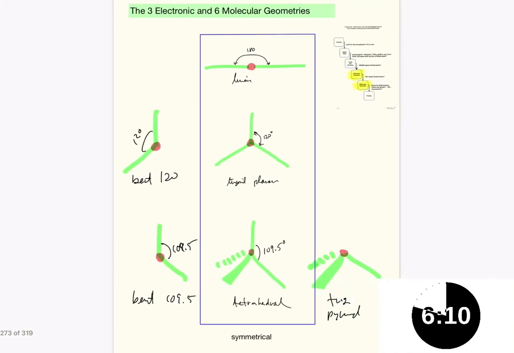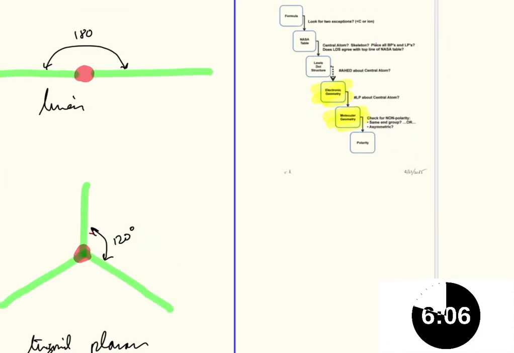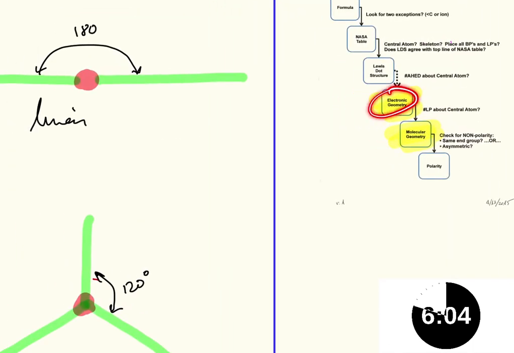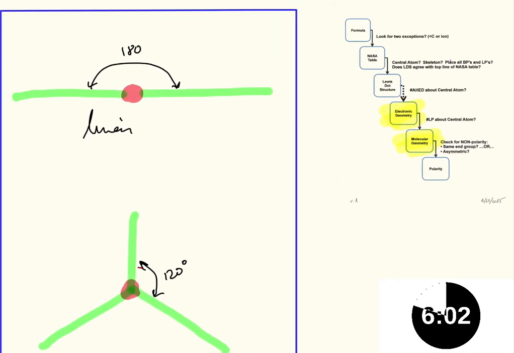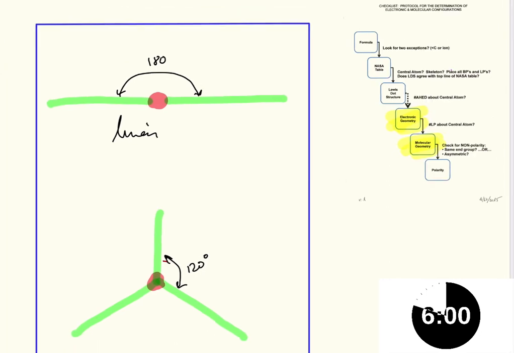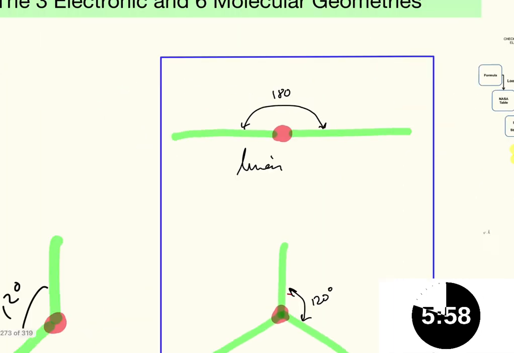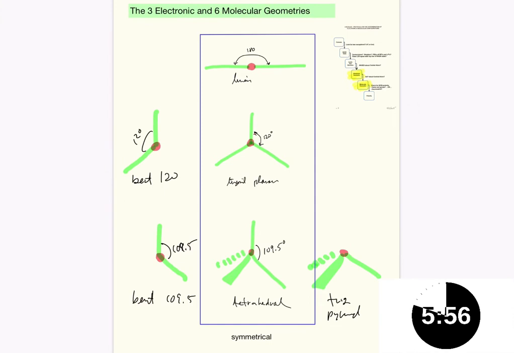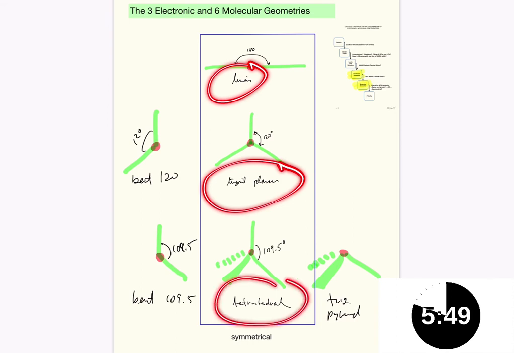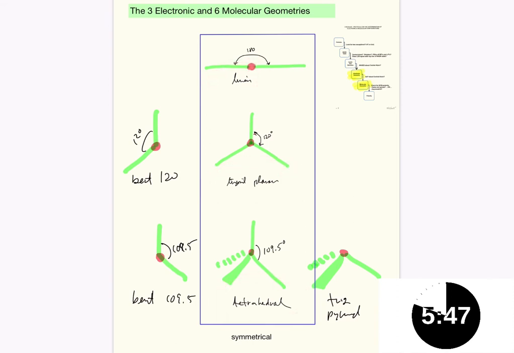I want to take a quick aside and mention something about the molecular and the electronic geometries. There are only 3 types of electronic geometries, and those are linear, trigonal planar, and tetrahedral, at least in this class, because we're not going to bond any more than 4 things.